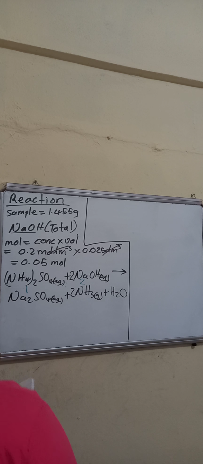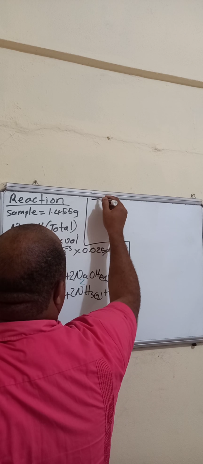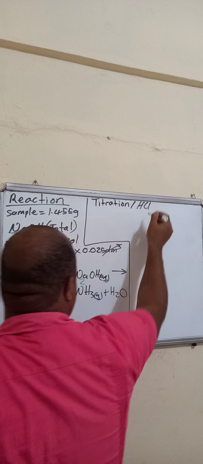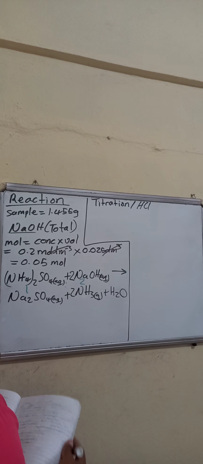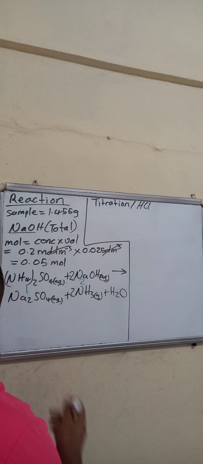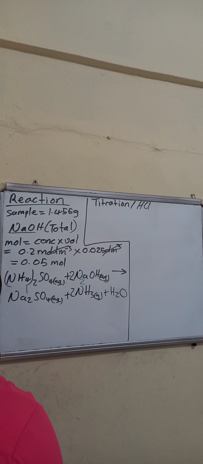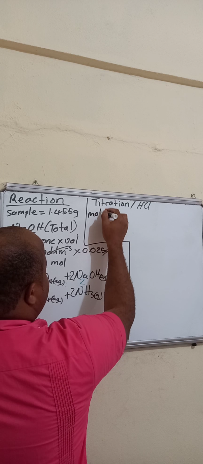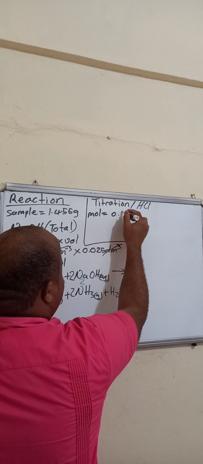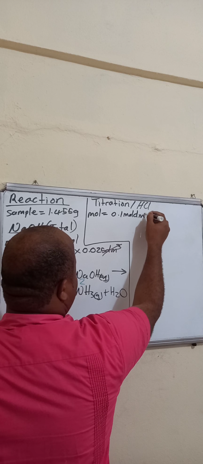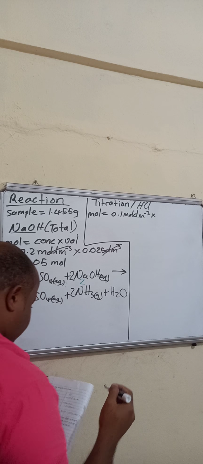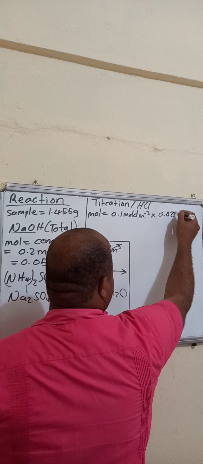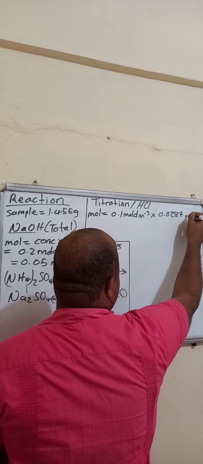For the titration, we have the HCl, and the concentration of which was 0.1. So let's find the mole of HCl. So that is 0.1 moles per dm cube times 0.0287 dm cube.